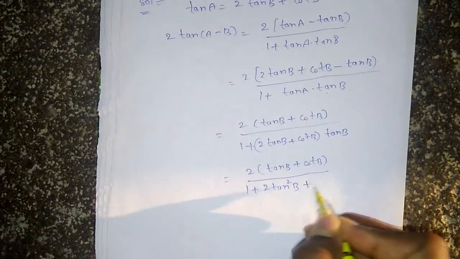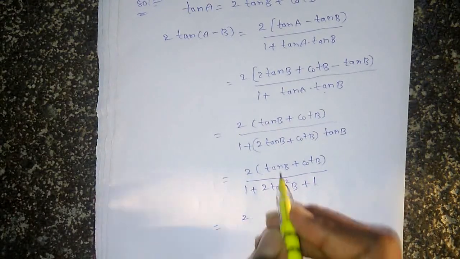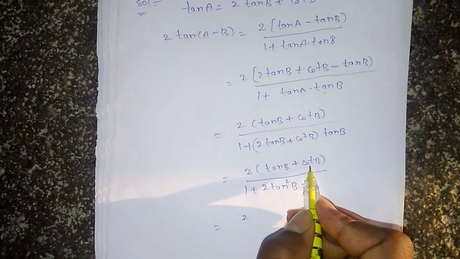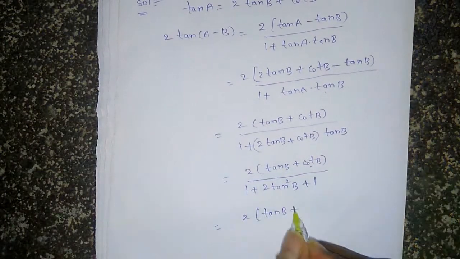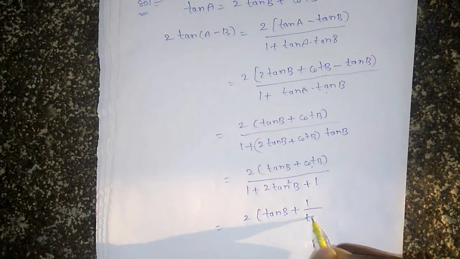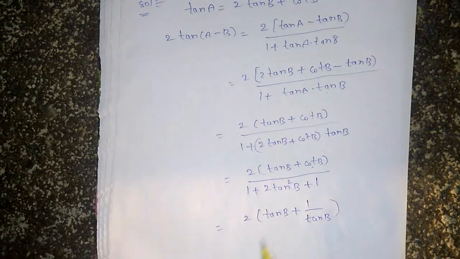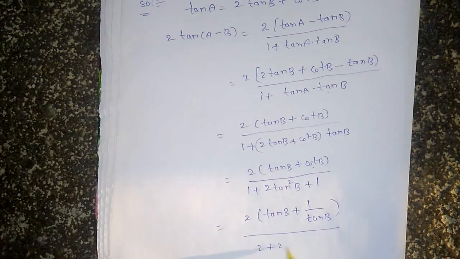This is cot b into tan b is 1. This is 2 into, here cot b can be written as 1 by tan b. So that is tan b plus 1 by tan b. This is 2 plus 2 tan square b.